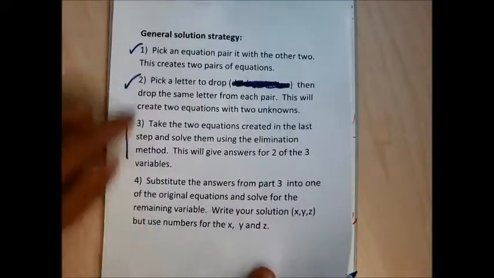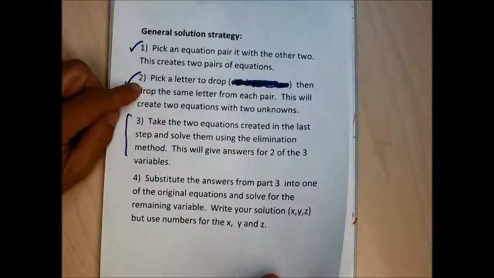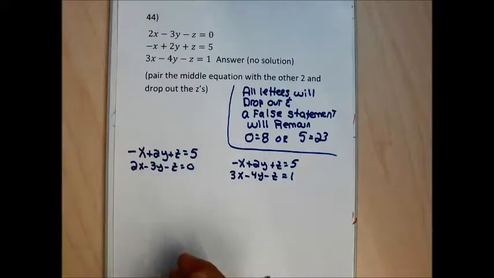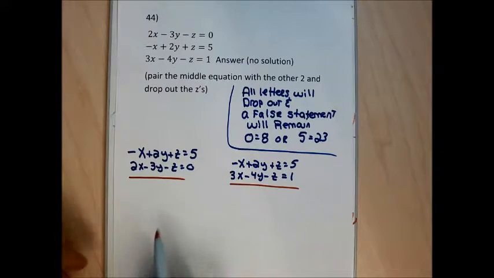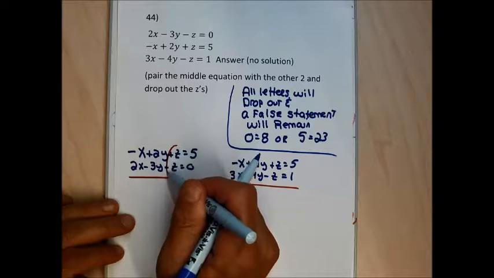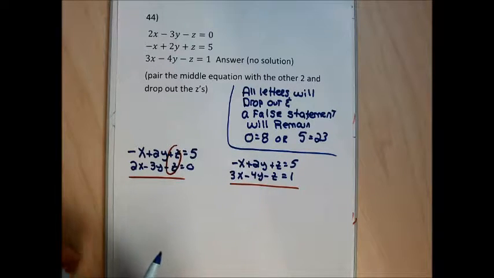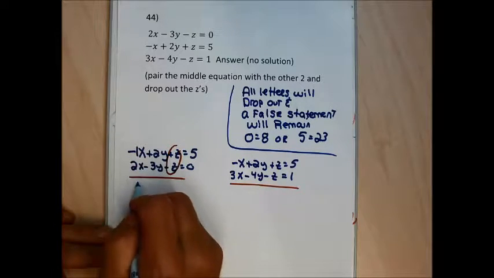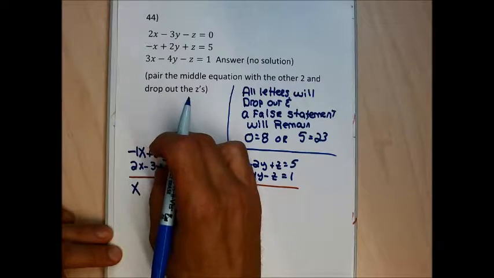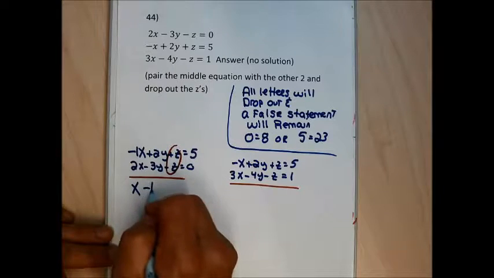Step 2, pick a letter to drop out. Drop that same letter from each pair. I said I'm going to drop out the z's because the z's are super easy to drop out. The first set of equations I can just combine, and the z's are ready to cancel out. Negative 1x plus 2x is positive 1x. 2y minus 3y is negative 1y.